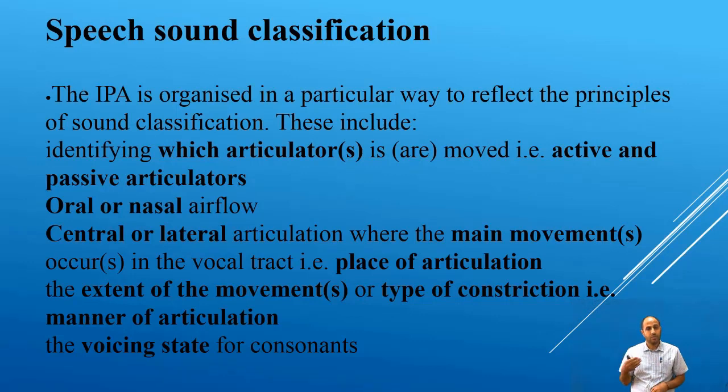Those organs of speech which can move, either consciously by speakers themselves or unconsciously, are referred to as active. Those that can't move are referred to as passive articulators. The production of consonants or speech sounds is done by the attachment of at least one active articulator and one passive articulator.